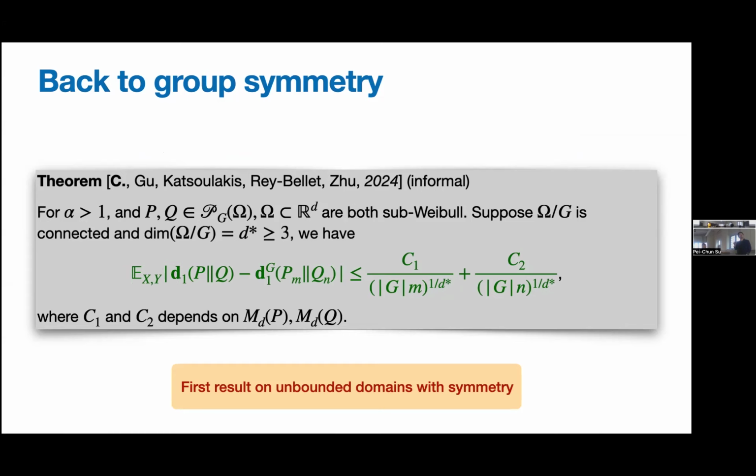The conditions are the same, and C1, C2 both depend on the D-th moment of P and Q. Although these C1, C2 are not optimal, because in the optimal estimation of the Wasserstein 1 distance, this dependence on the moment should be way smaller than the D-th moment, something like the D over D minus 1-th moment, the rate matches the optimal rate. We also see the gain of the group symmetry, like by data augmentation, appearing here.